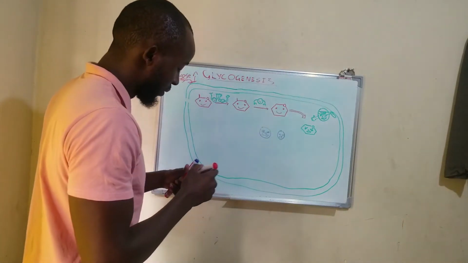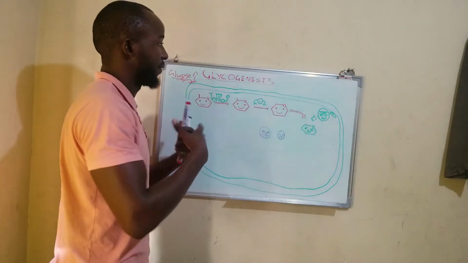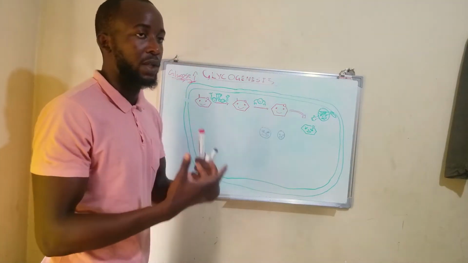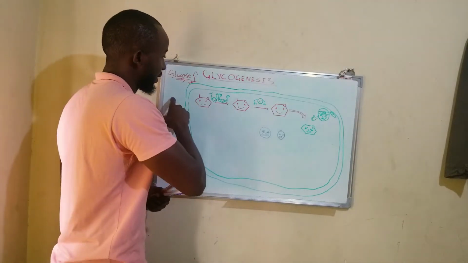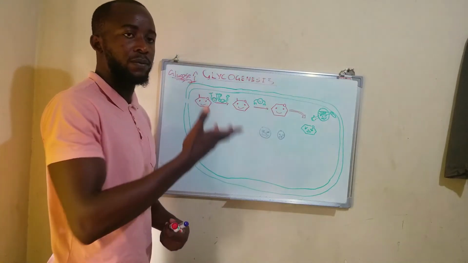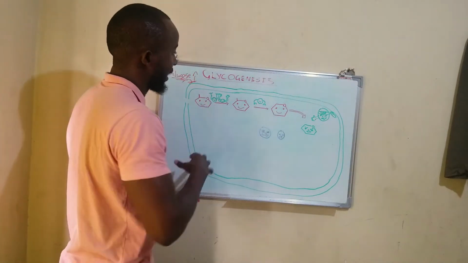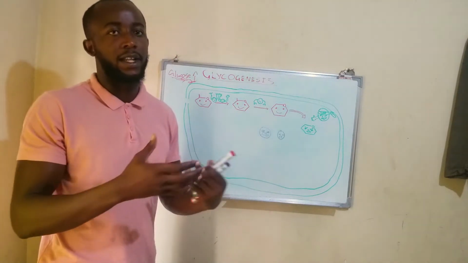So the glucose will now enter your cells. When you have a lot of glucose in your body, insulin gets released, and when insulin is released, it will facilitate the entry of glucose inside the cell. So what happens inside the cell when glucose enters, for it to be converted into a form that you can store and use for later use?